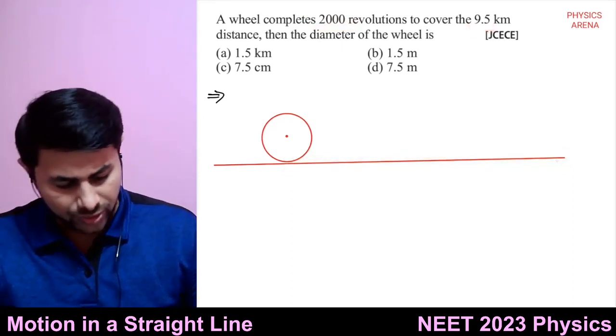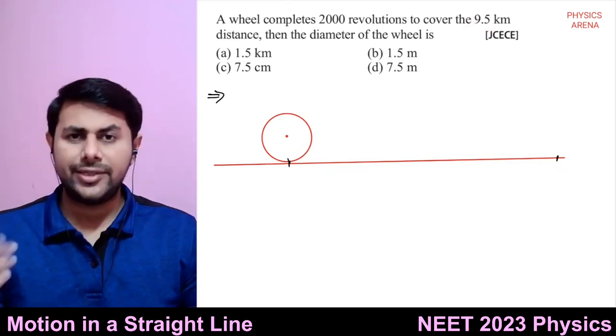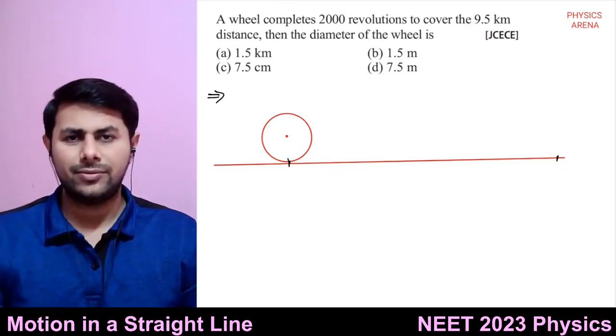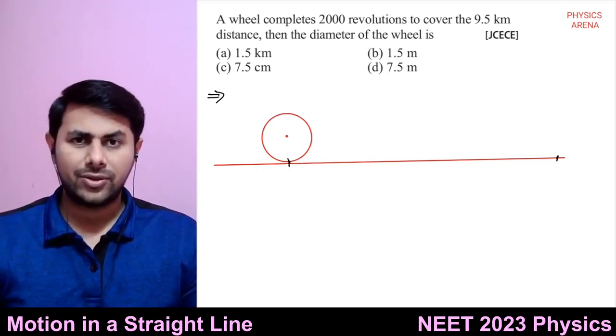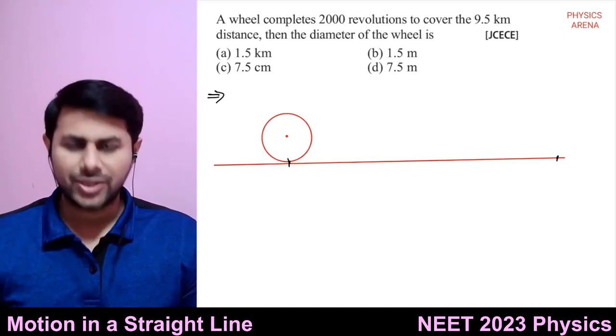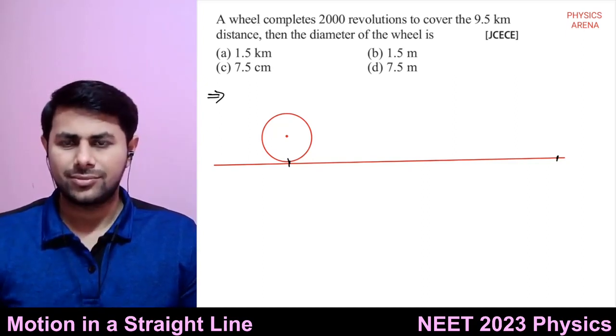So my question to you is, how much would be the distance covered in one revolution? Distance covered on the road in one revolution will be 2 pi r. Yes, sir.